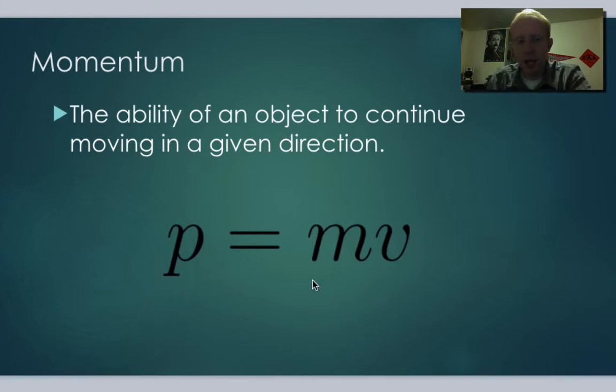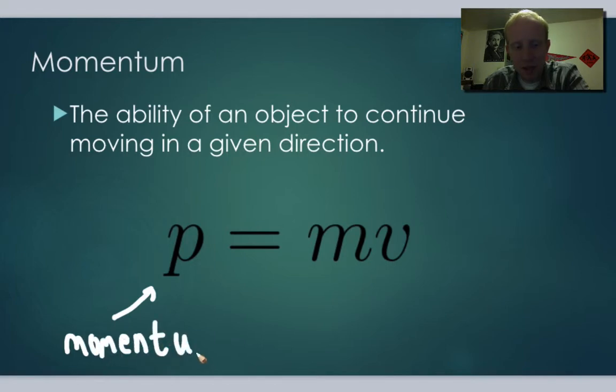The letter lowercase p is the letter we use for momentum. Don't ask me why that is, I'm not really sure, to be quite honest. Momentum, p, is equal to the mass times the velocity. So mass times velocity.